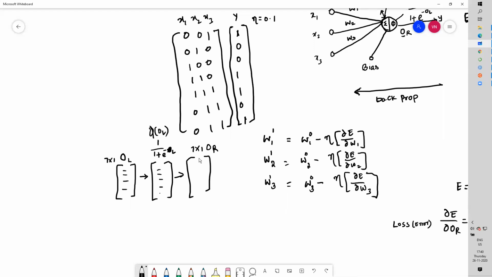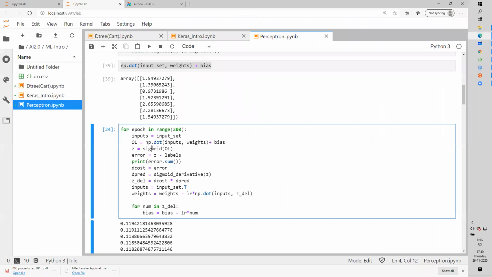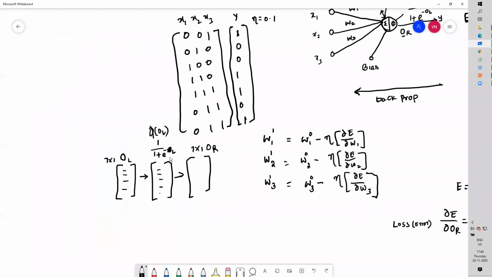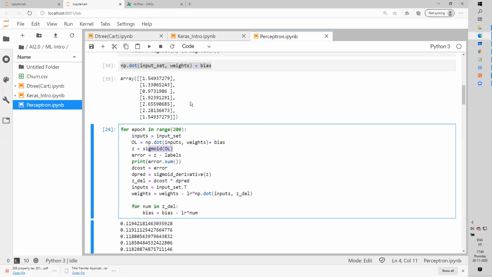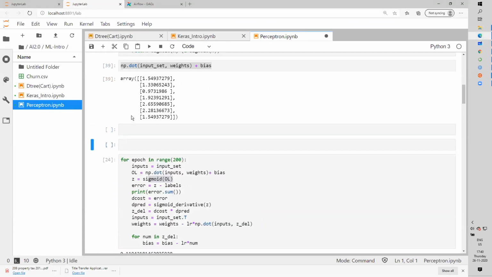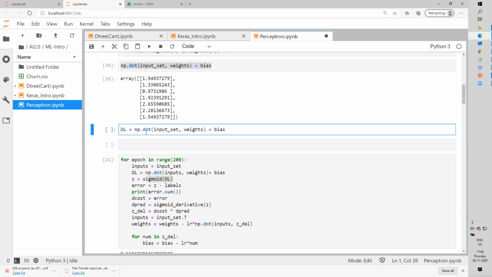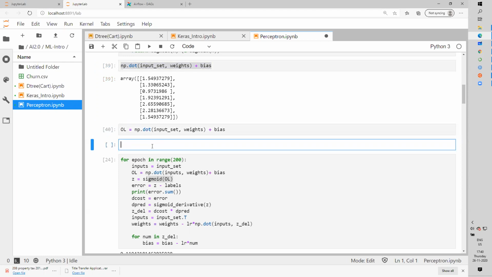We have defined the function sigmoid already, so we are passing OL to that sigmoid. Now what does it return? It returns this one, which is another 7 by 1 matrix. Let's see that one also. OL is generated.